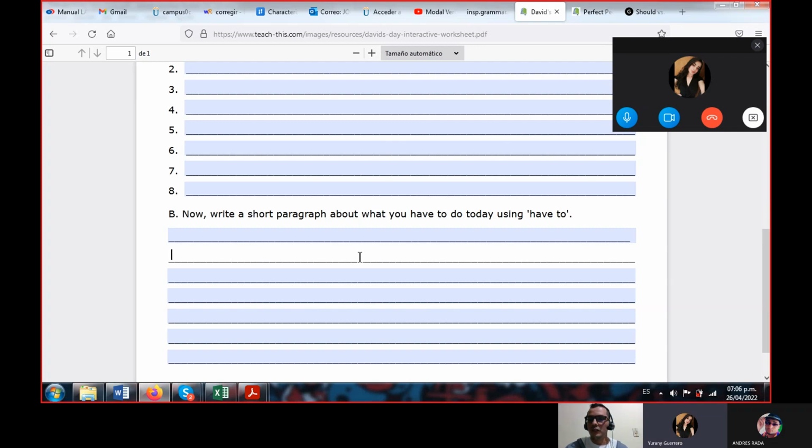At least 5 sentences. Son muchas cosas las que uno tiene que hacer en un día. Entonces habla por ahí unas 3 o 4 cosas. Okay, 5 minutes. La idea es escribir la idea y que hablemos.